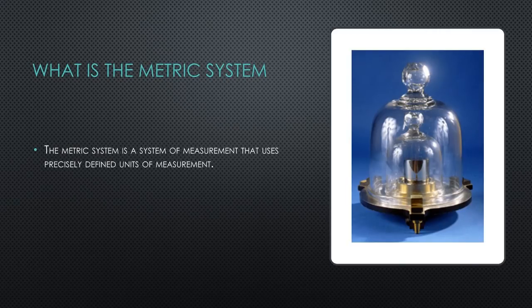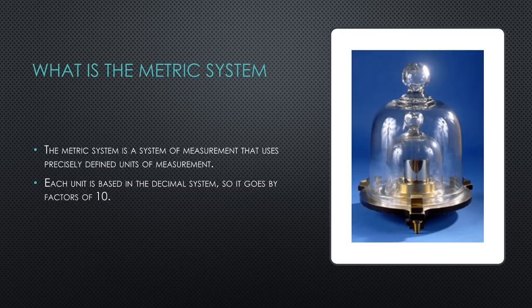The metric system uses these and also it uses a decimal system. So everything's going to go up by a factor of 10, which makes it very useful for the scientific notation piece, and just gives very simple numbers.